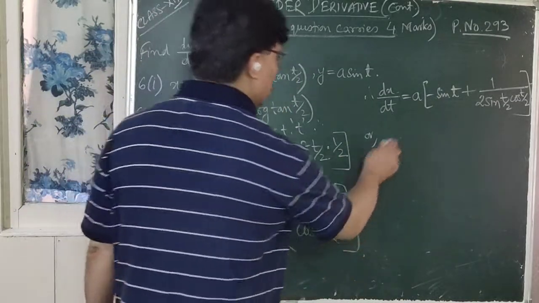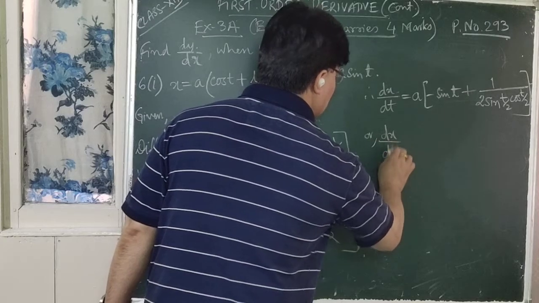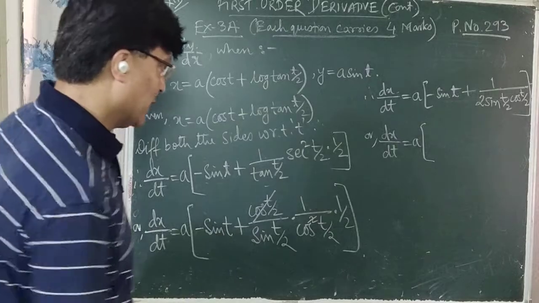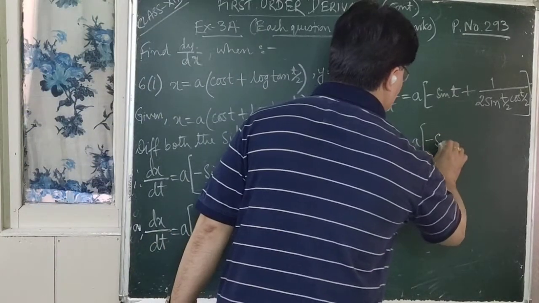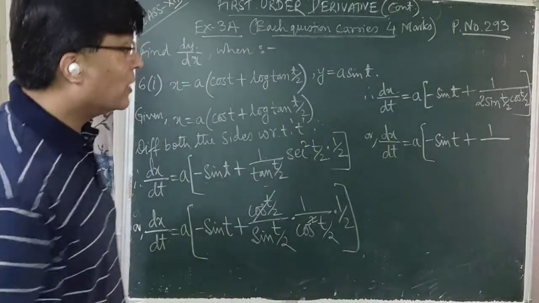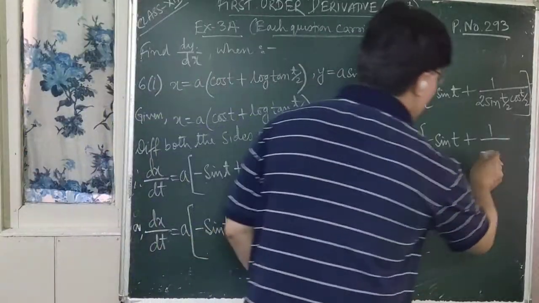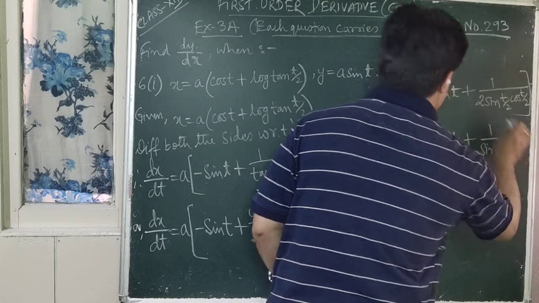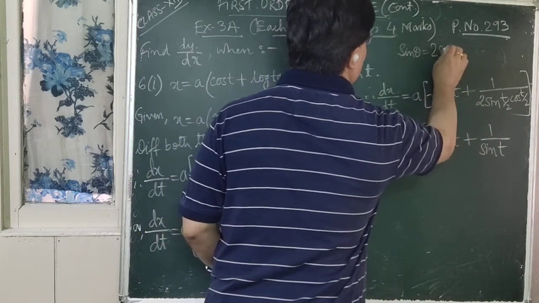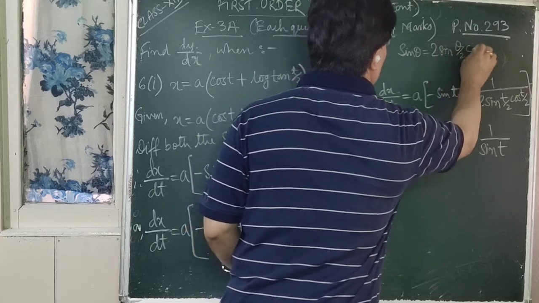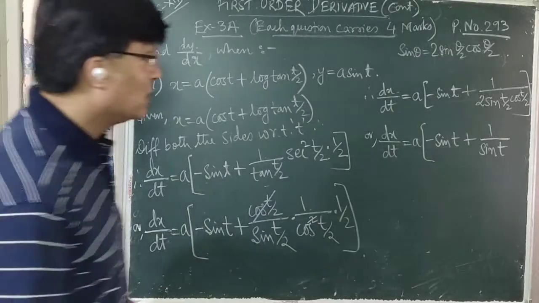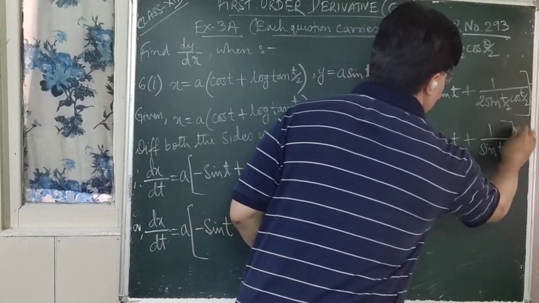Okay? So our dx/dt is equal to a within third bracket, minus sin t plus 1 upon. Similarly, what is 2 sin t/2 cos t/2? What is the formula? It is sin t. That is, from the submultiple angle we have sin theta is equal to 2 sin theta/2 cos theta/2. That is the formula, right? So this formula is used here.